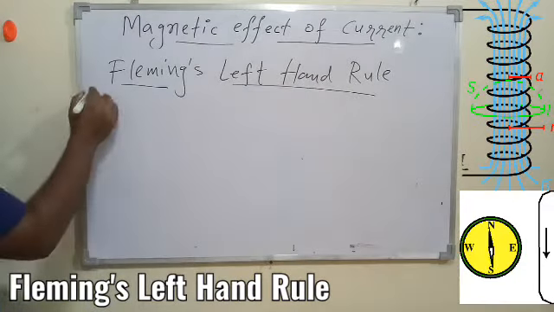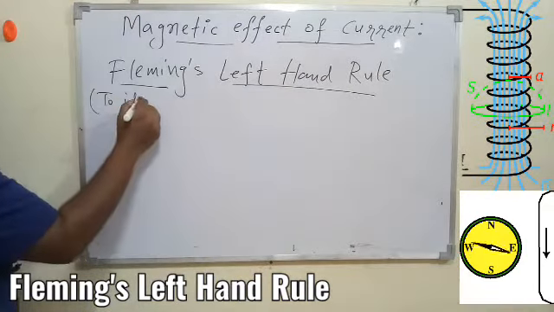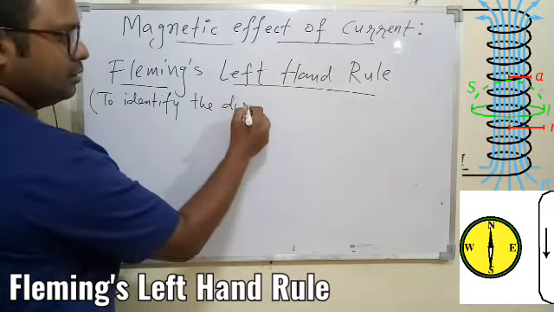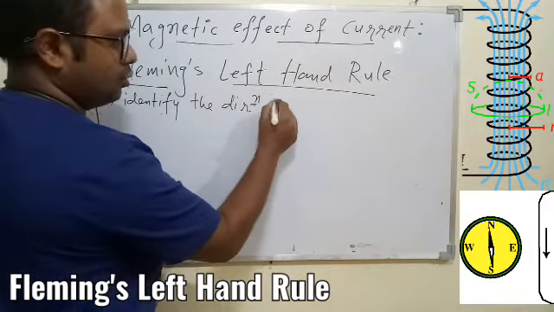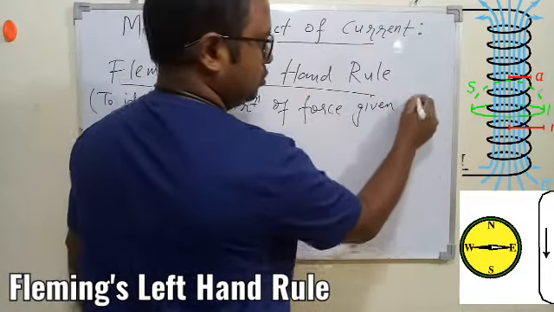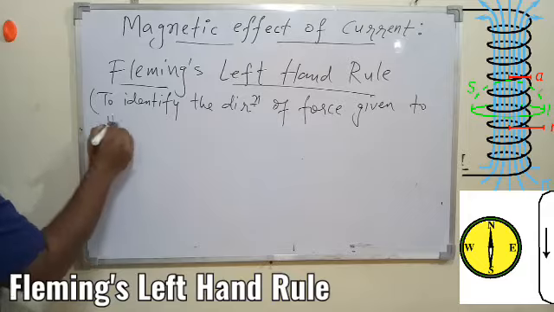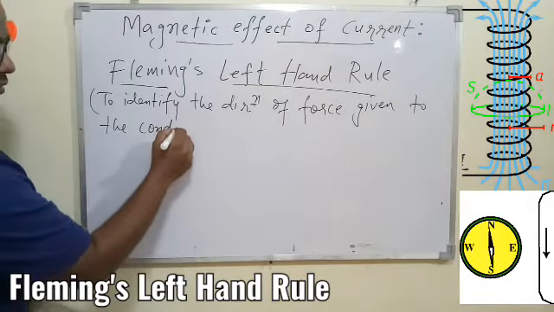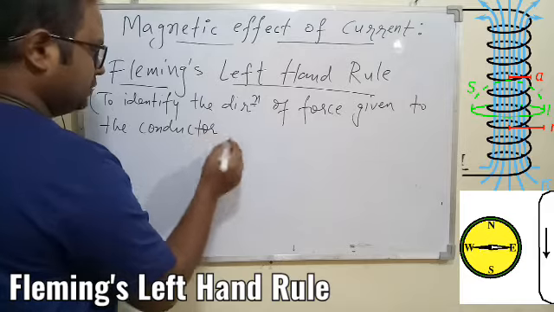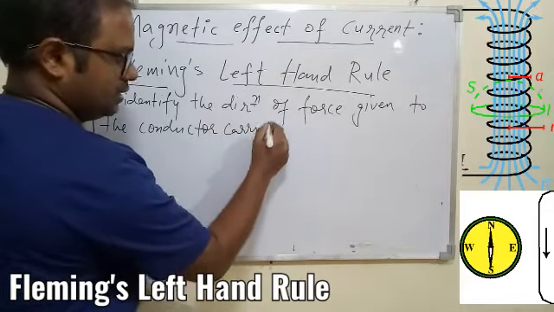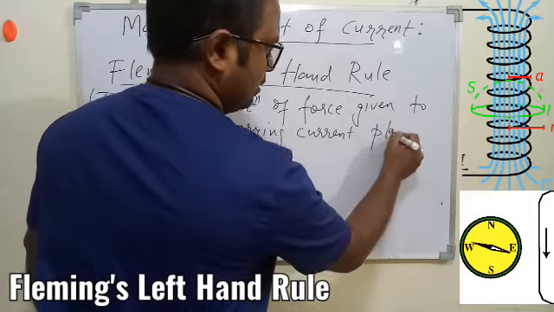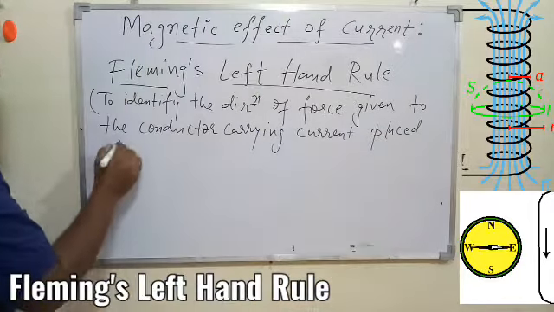This is to identify the direction of force given to the conductor that is carrying current, a conductor carrying current placed in a magnetic field.